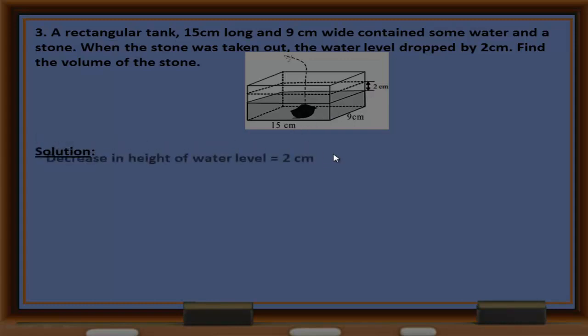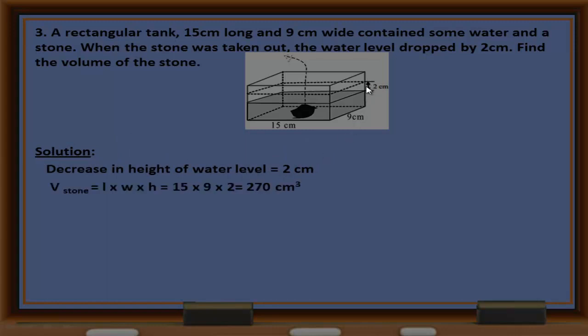Solution: decrease in height of water level is 2 centimeter. Volume of the stone is determined by the decrease in height of water level. That is length times width times height. Length is, as we have said, 15. Then width is 9.